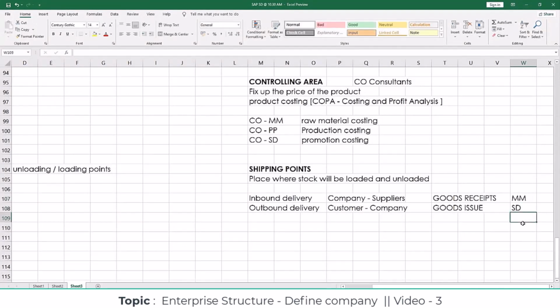And in some projects this is created by the SD consultant, or if you have a separate consultant, those people are going to be responsible for this. But we require a shipping point for dispatching the stock and for receiving the stock. This is basically used for inbound and outbound delivery.